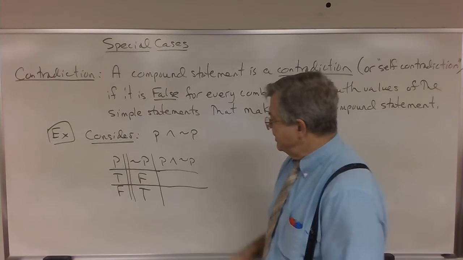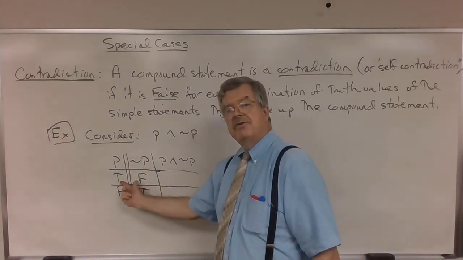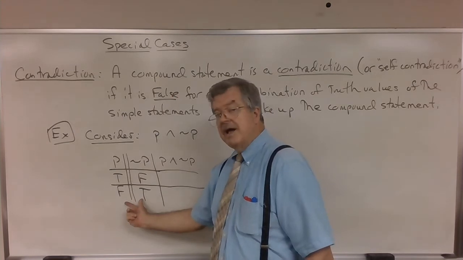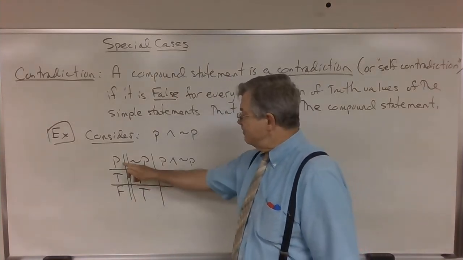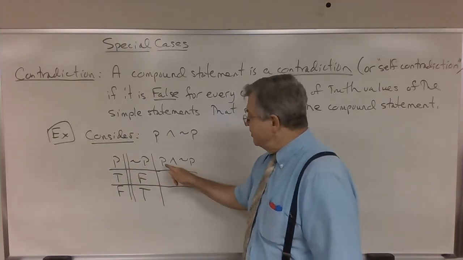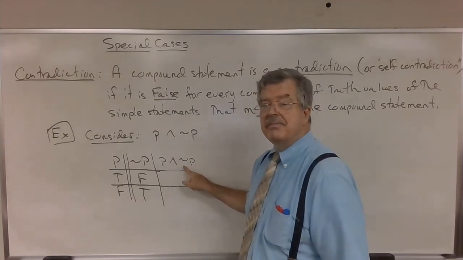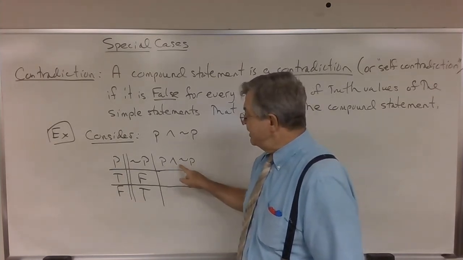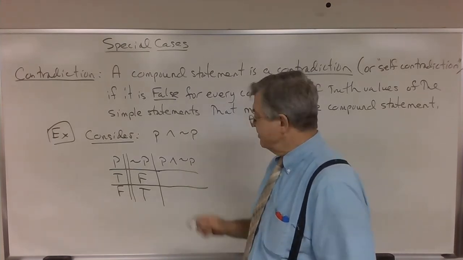Well, let's see. P and not P. They're not both true here, and they're not both true here. So it's never the case that P and not P are both true at the same time. So this statement, this and statement, can never be true, because the simple statements that make it up are never true at the same time.